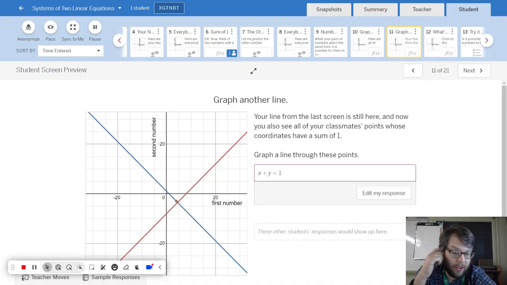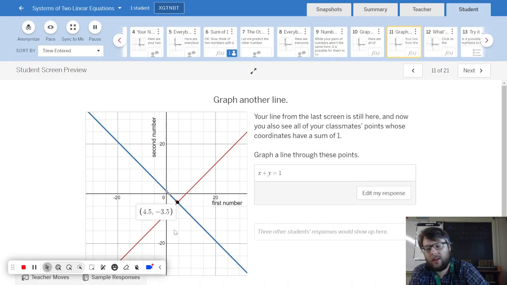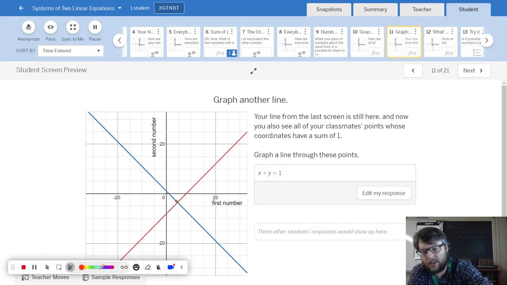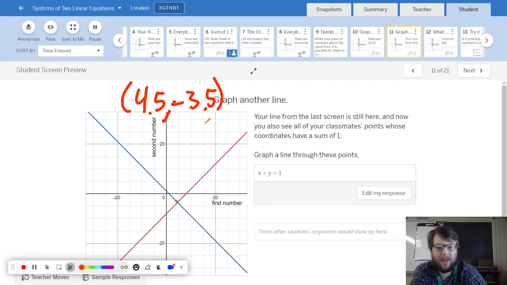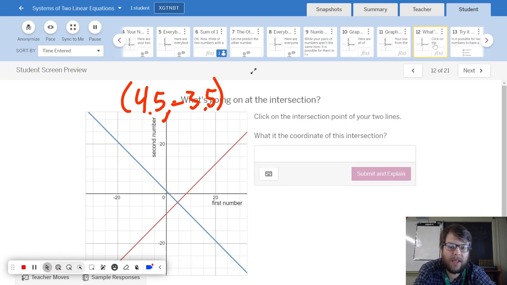And just like I showed you when I drew it by hand, those two lines cross over each other at a single point. And the beautiful thing about Desmos is that you can click on and see what that point is. And it looked like it was 4.5 and negative 3.5. And you can see, if you add those up, you get 1. And if you subtract them, you get 8. Because subtracting a negative is like adding a positive. Okay, so that's the big idea here.